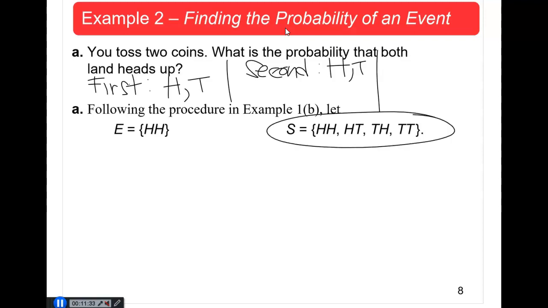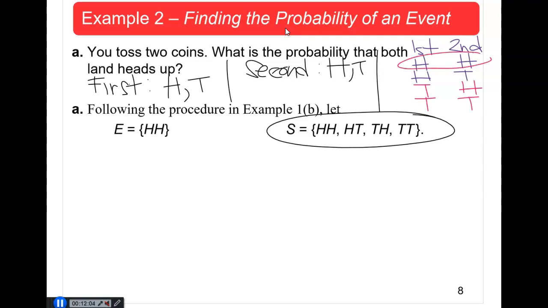I'm going to use numbers here, first and second. So we could get heads on the first, heads on the second, or we could get heads on the first and then tails on the second. Then we could also have tails on the first and heads on the second, or tails on the first and tails on the second.